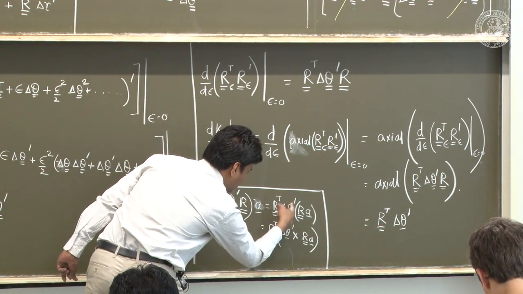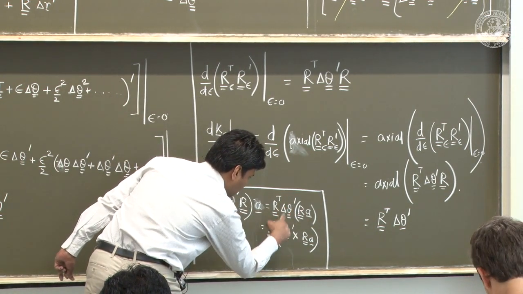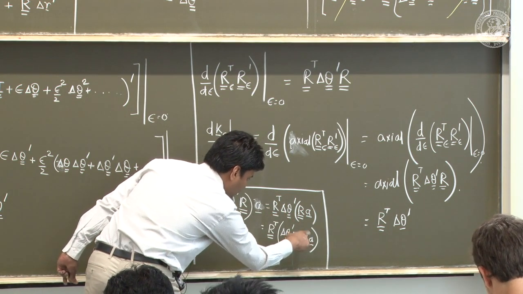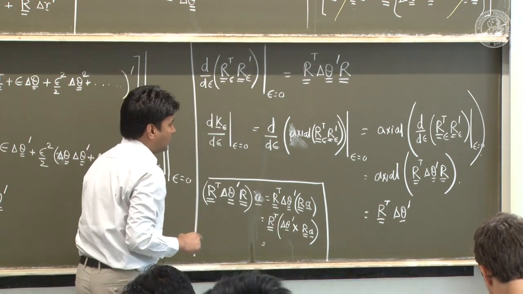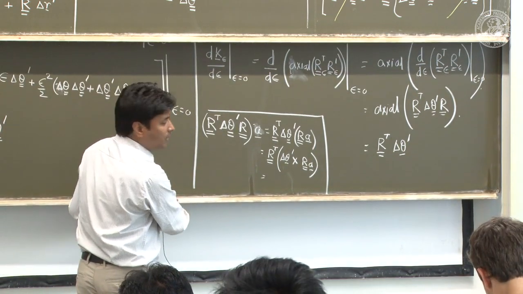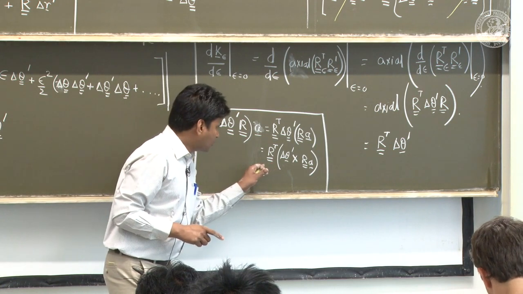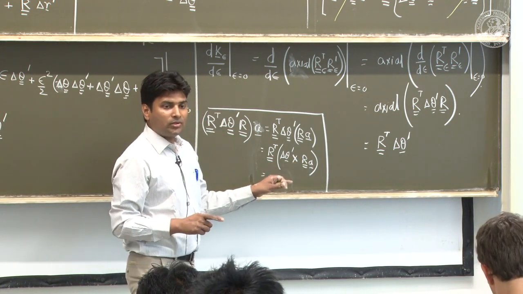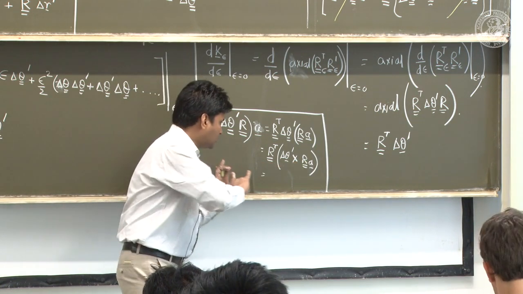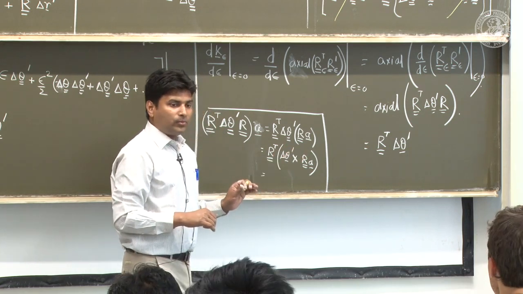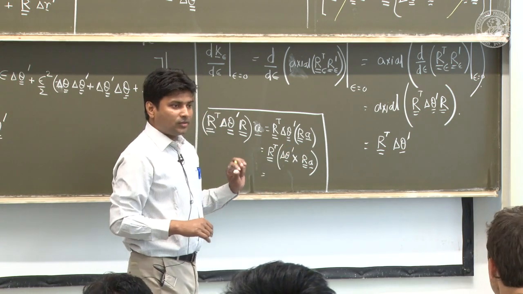Because skew symmetric times a vector is same as axial of this cross product that vector. And then you have this r transpose, you have to put this inside. You can distribute it, it's a proper rotation, you can just distribute. If it were improper, you have to apply a minus sign.